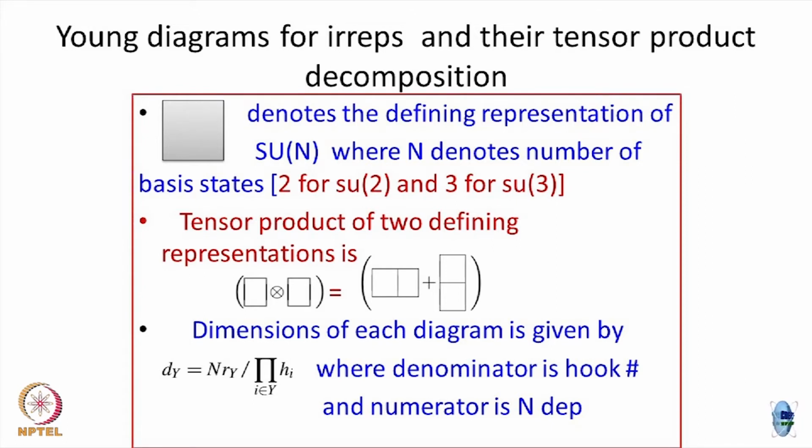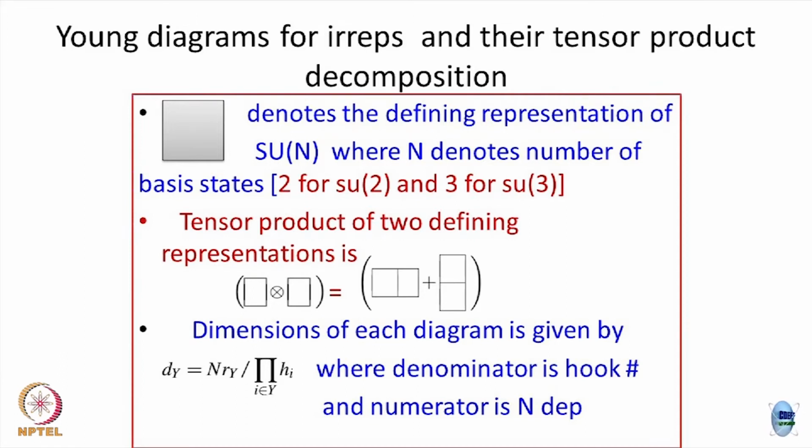What do you have to check? The dimension of this times the dimension of this. What is the dimension of this for SUN? It is n. The dimension for this is n, so n squared. You have to make sure that this plus this is also n squared. Maybe you can check it by using the Hook formula for an arbitrary n.